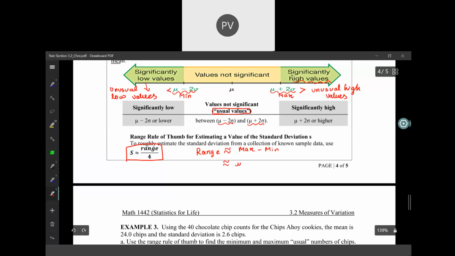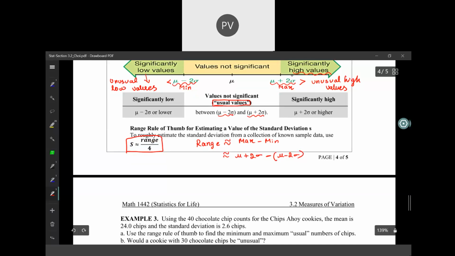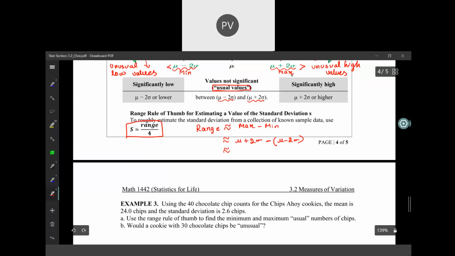It is mu plus 2 sigma minus of minimum is mu minus 2 sigma. Just simplify this. Mu plus 2 sigma minus, multiplied inside the bracket, minus mu plus 2 sigma gives you plus, and mu and minus mu cancel. We will be left with 4 sigma.